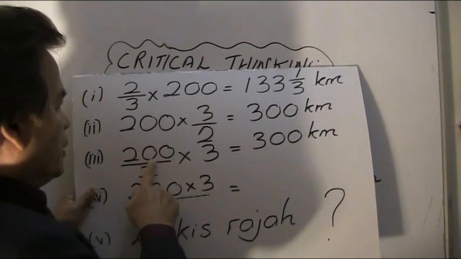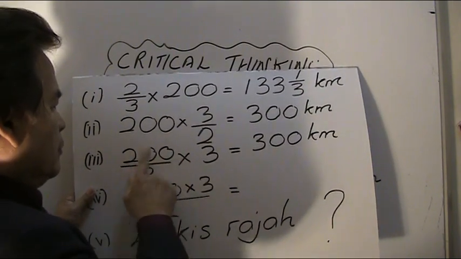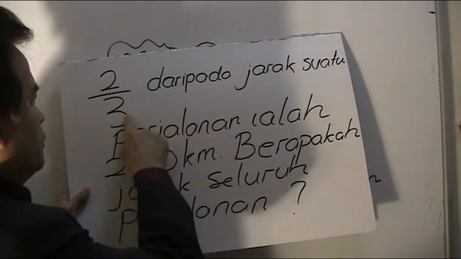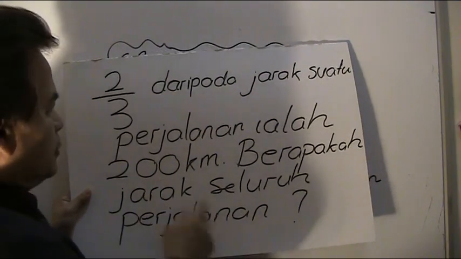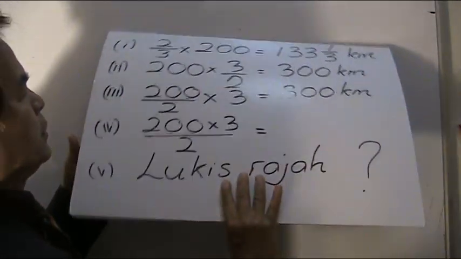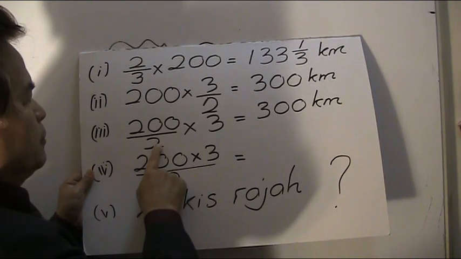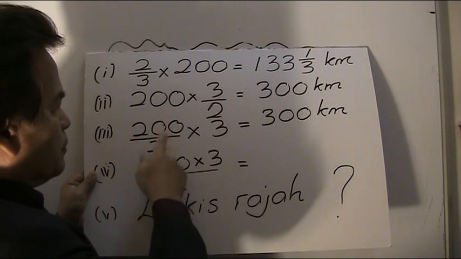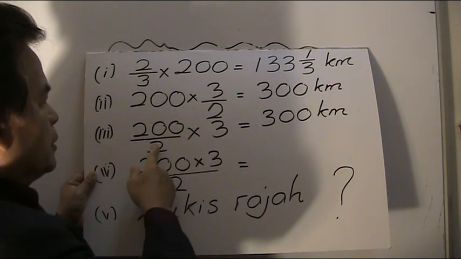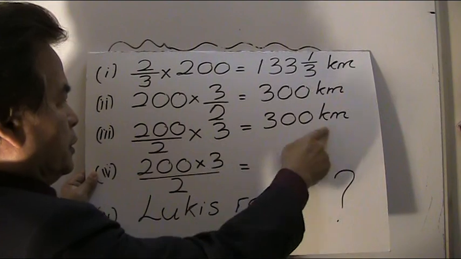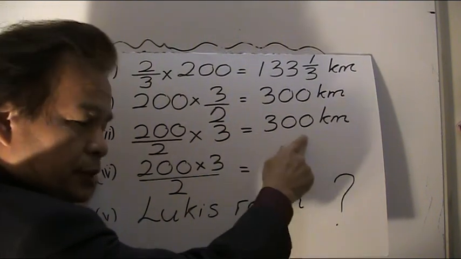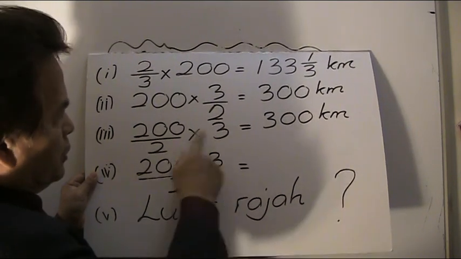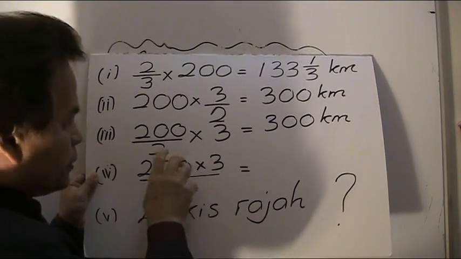They can say, I'm going to find out 1 part first, because 2 parts of the journey is 200 kilometers. So I'm going to find 1 part, which means I take 200 over 2. I get 100 kilometers for 1 part, but the whole journey is 3 parts. So 3 times 100 kilometers, the whole journey is 300 kilometers. So they can also express the procedures in several ways.